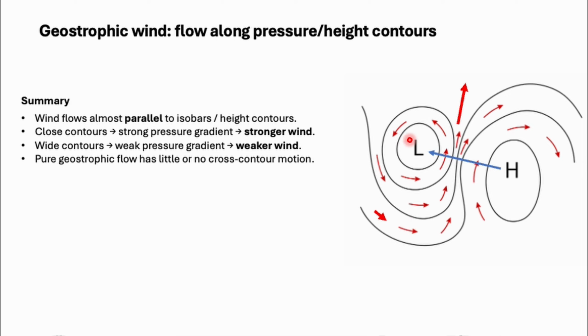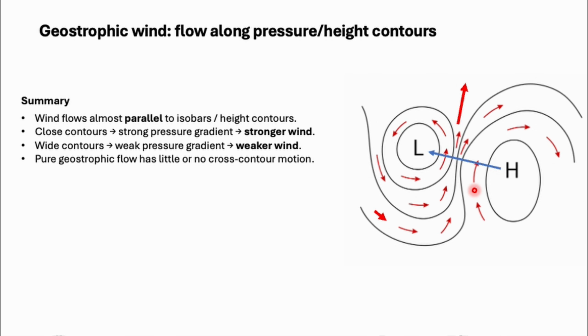Air tends to circulate around the low and high rather than moving strongly across the contours. In other words, the inward cross-contour motion that we might expect toward a low and the outward cross-contour motion from a high are strongly suppressed in the ideal geostrophic picture.